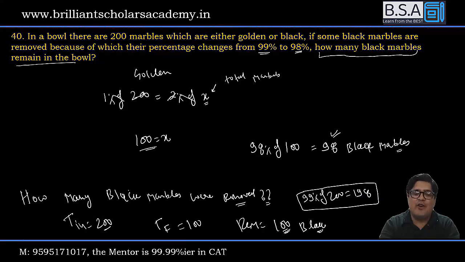So why do you want to work with the number of black marbles? Don't work on that. Total will also decrease. So work with the component that is not changing. In all such questions, always work with the component that is not changing. The answer will come quickly and it will be correct. Equate the component not changing. The question in CAT was decimal based, with a few more calculations.